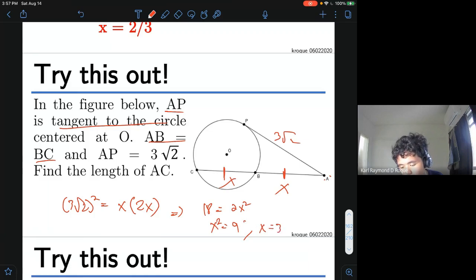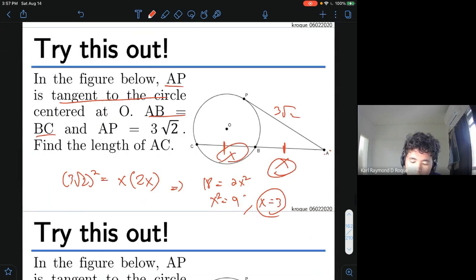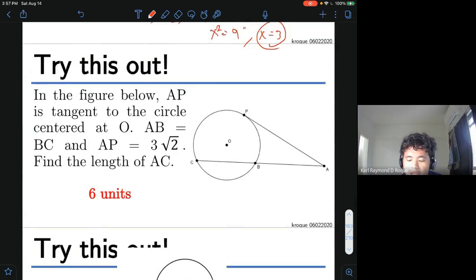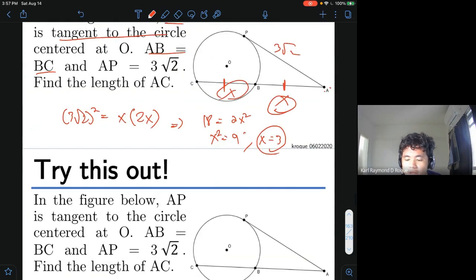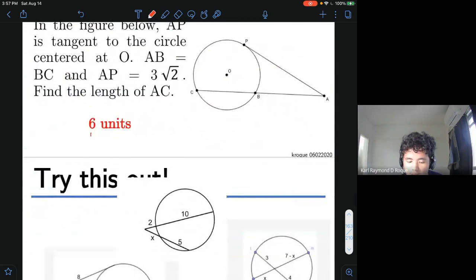Solve for x. x equals 3 or negative 3. Pero, bawal si negative 3 kasi dapat positive yung length. So, x equals 3. Sabi pala, length of AC, so times 2, 6 units.